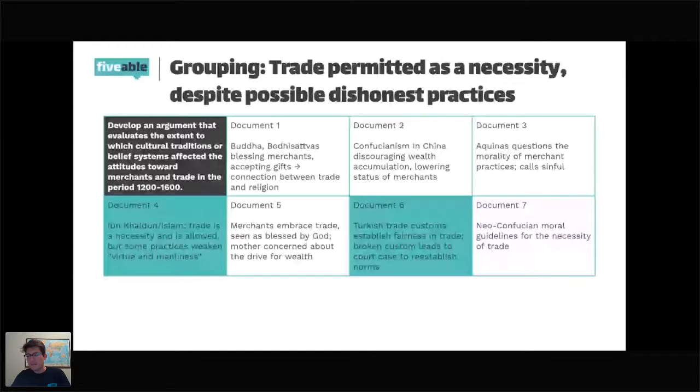Ibn Khaldun says in his source that it is a natural means of livelihood, and the religious law allows the methods of merchants to keep going. And then you have this Turkish Islamic court that is, again, condoning trade, but done fairly. Again, trade is permitted. We might even use the term encouraged as a necessity, despite those possible dishonest practices.